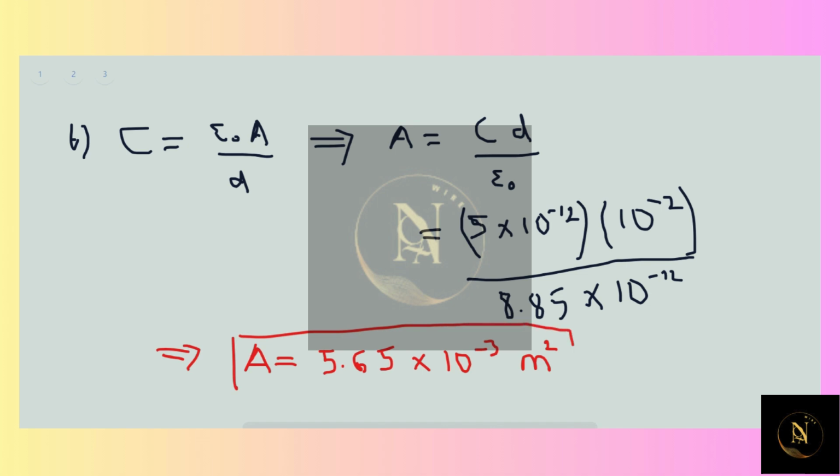Since it's given that the plates are circular, we can write that the area of each plate is equal to pi r square. So I'm going to equate the value which we have found to pi r square.